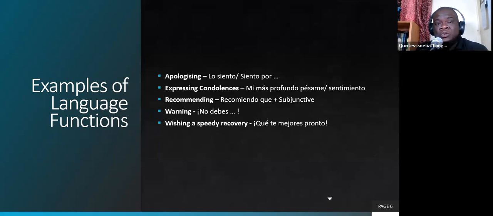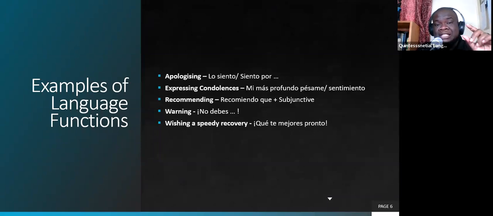Or I want you to use some form of the language in Spanish that is a way of giving a recommendation. And there are set words or phrases that we use to fulfill these language functions, such as apologizing, expressing a condolence, recommending something, warning somebody, wishing somebody a speedy recovery. All these are examples of language functions.